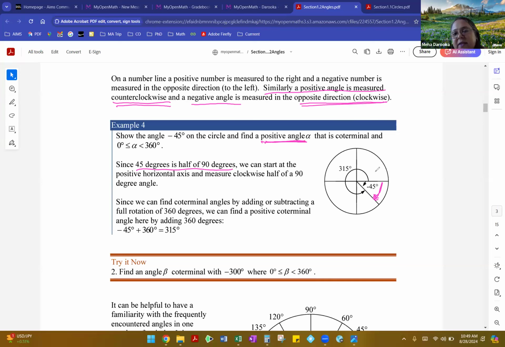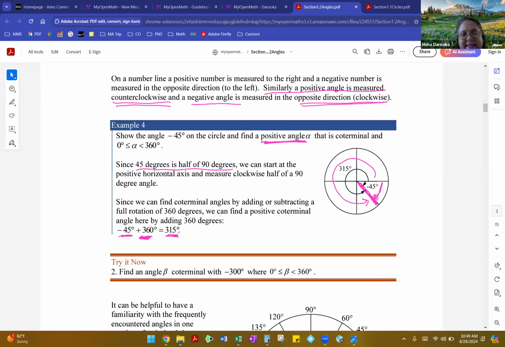So for positive, of course, we need to be going in the counterclockwise direction. So you can see the definition is still going to be coterminal because they are still going to be sharing that terminal side. But since this guy said positive, you want to go in the other direction, and that's where you're basically taking negative 45 and adding, instead of subtracting, you would be adding 360 to it to get your 315 degrees.